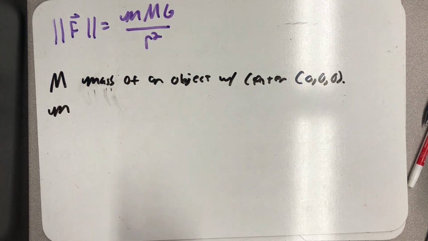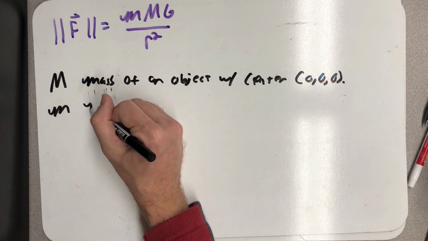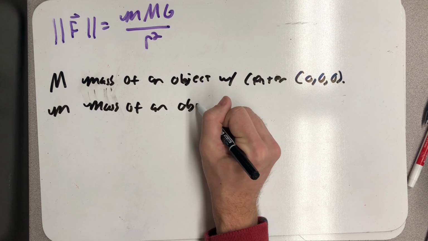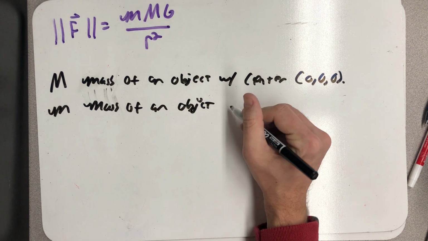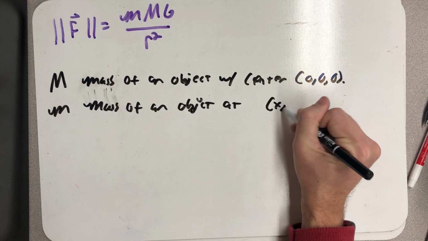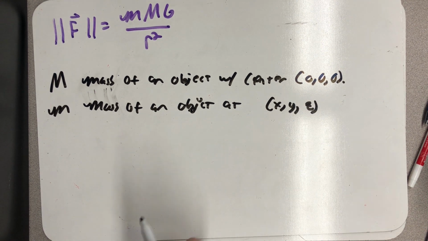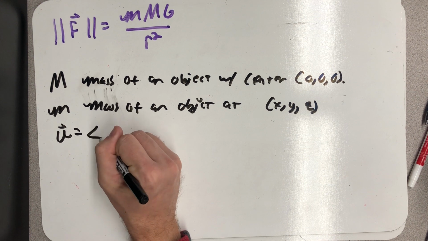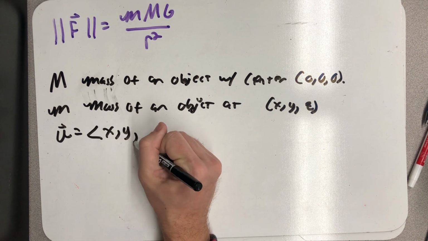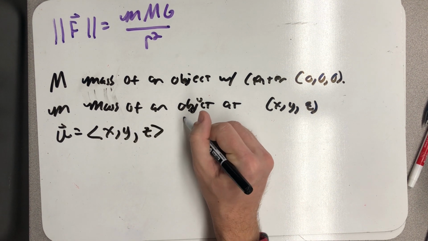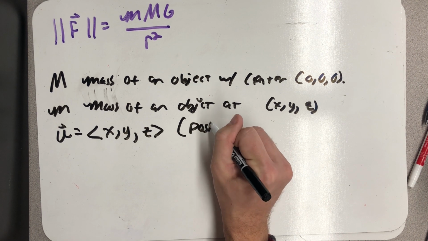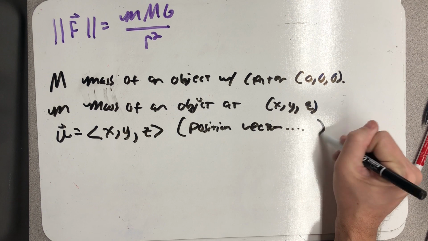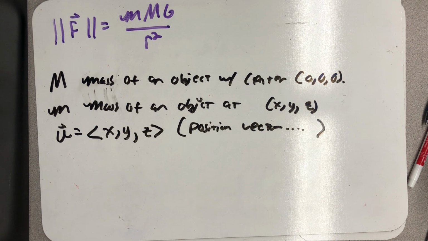Little m, I want to think about as the mass of an object at x, y, z, and I want to imagine now that I have a vector u that points to that point. So that's a position vector for the object with mass little m.